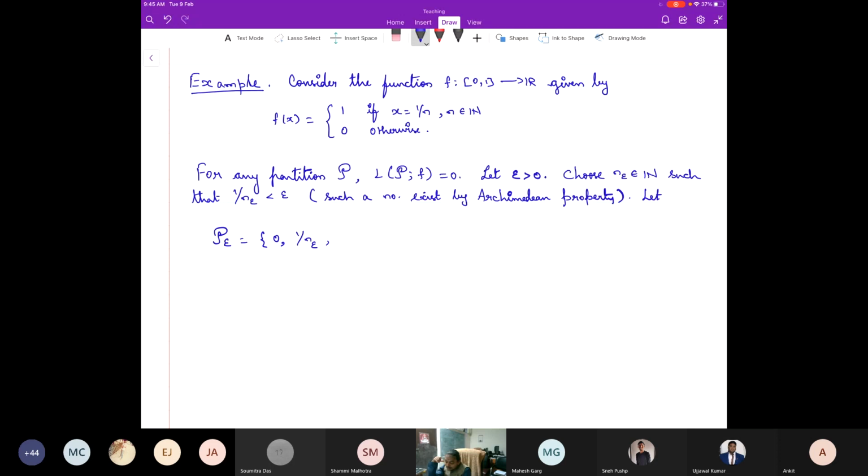From 1/n_epsilon to 1 you have n_epsilon points. There it was only 1, therefore we chose the points as half minus epsilon/4 and half plus epsilon/4. So how are we going to do this?